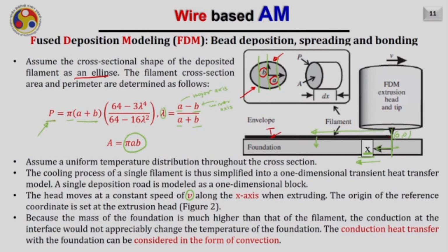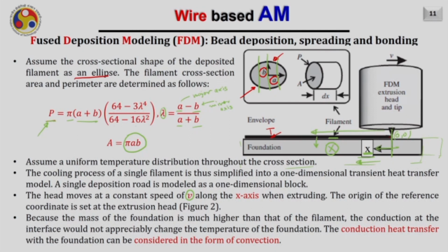Because the mass of the foundation is much higher, this mass of the foundation is very large. In that case, the interface between the deposited bead and the foundation would not appreciably change the temperature of the foundation. Therefore, as the temperature of this foundation is not changing because it is very large, we are assuming it is not changing over the period of time.